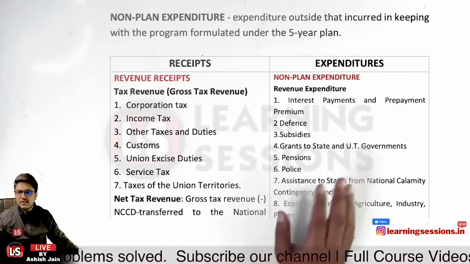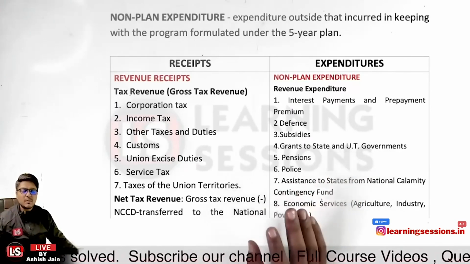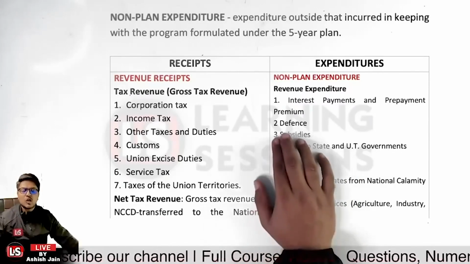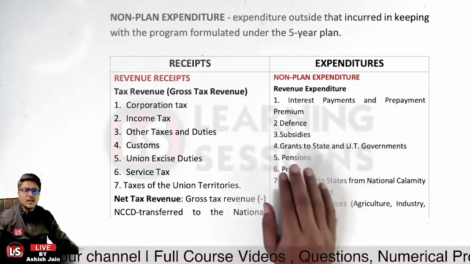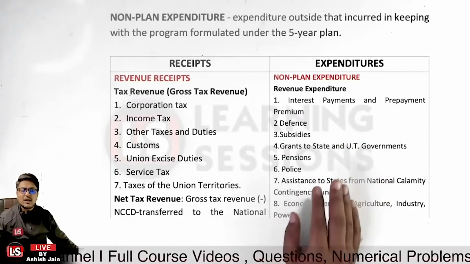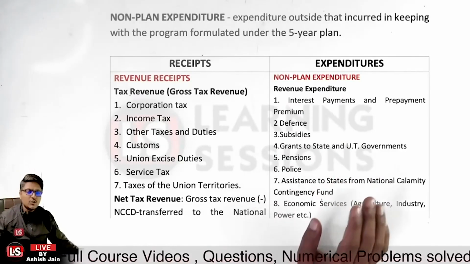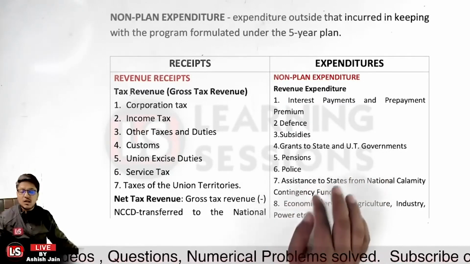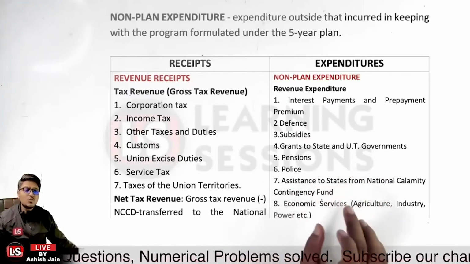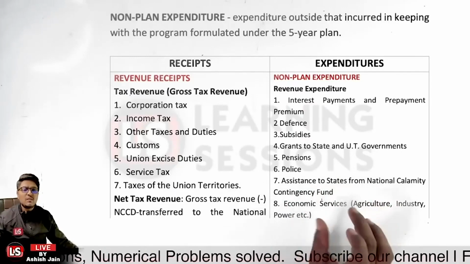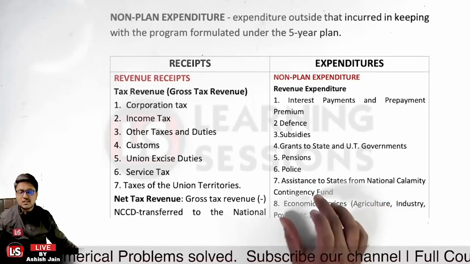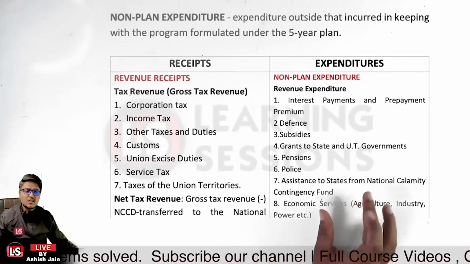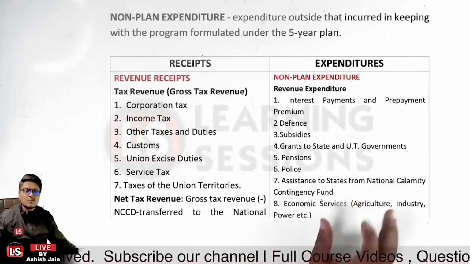It may be the case that the interest is to be paid, or it may be the case that the prepayment of the loan is to be paid. It may be the expenses related to day-to-day expenses we are talking about over here, related to defense, related to subsidies, or it may be the case grants have been paid to the states or the union territory governments, or pensions have been paid, police expenses over there, or assistance to states from the National Calamity Contingency Fund. So if an assistance has been paid to the states from the NCCF, in that case also it is basically related to the revenue expenditure.